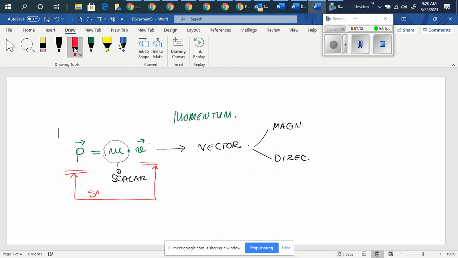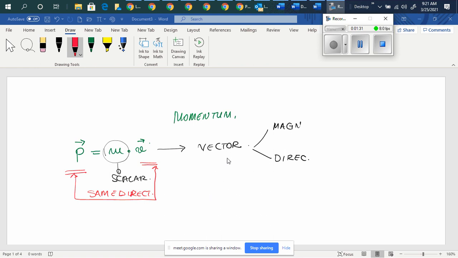So when you know the direction of the velocity, then you know the direction of momentum. When you know the direction of momentum, then you know the direction of the velocity.